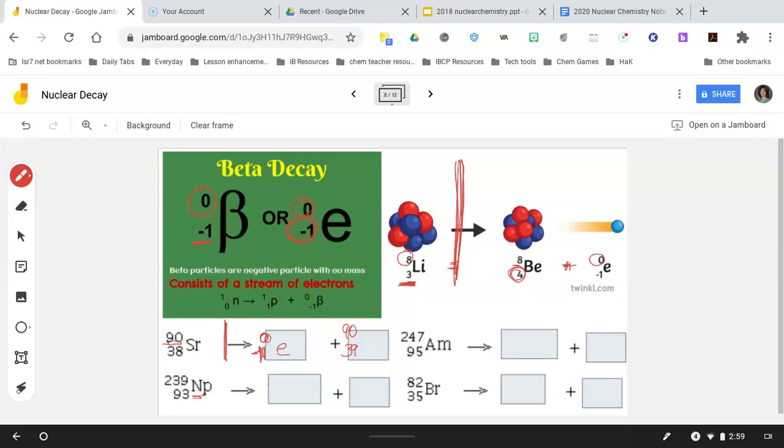Okay, let's do another example. Neptunium 239. So I'm going to write the symbol for my beta particle here, 0 over -1, and I'm going to use the beta symbol on this one. The top number, remember, has to be the same. 239 is equal to 0 plus 239.